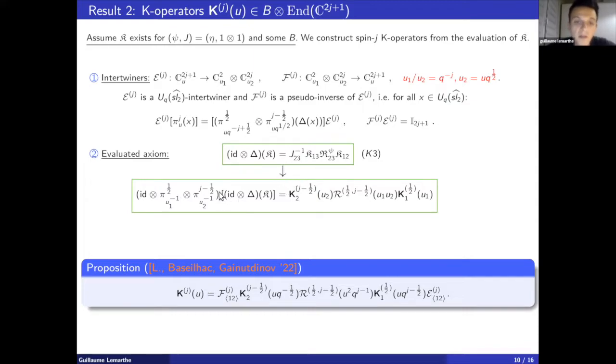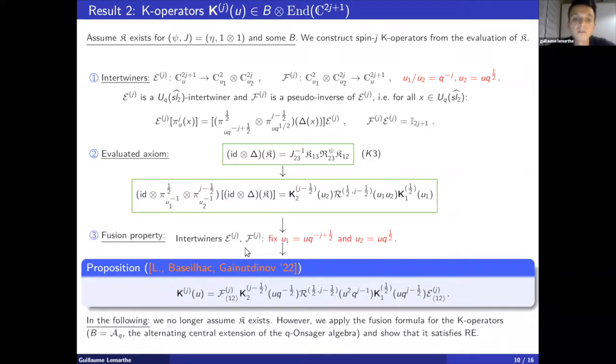In particular, if you apply this map here, identity times pi, then the right-hand side becomes only this part, K2 R K1. And finally, in order to obtain this proposition here, you need to combine both evaluation and the intertwiner property. That is, you simply inject some FE equal 1 and you make it pass from both sides. And then you get this formula.